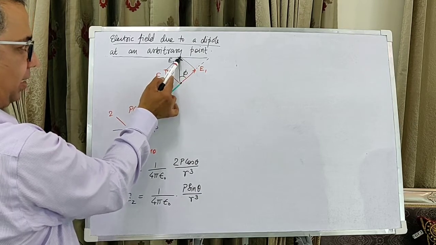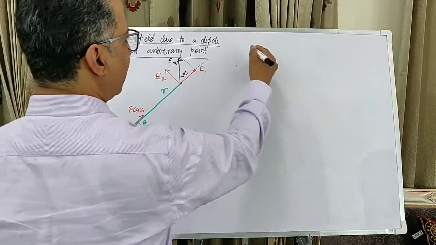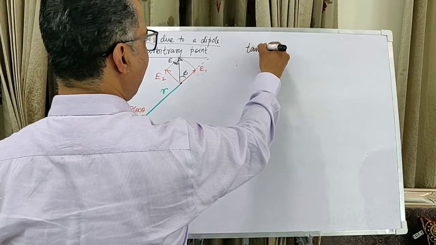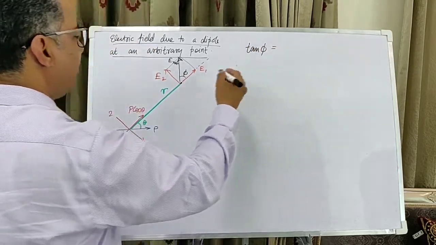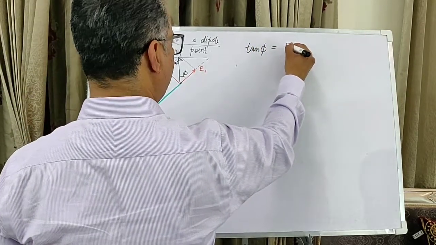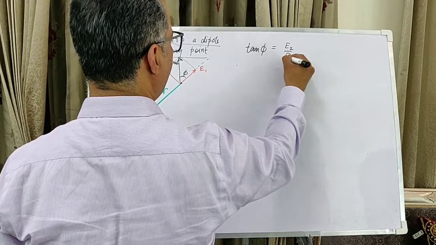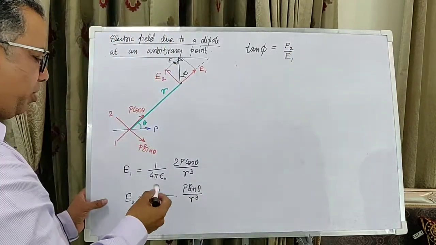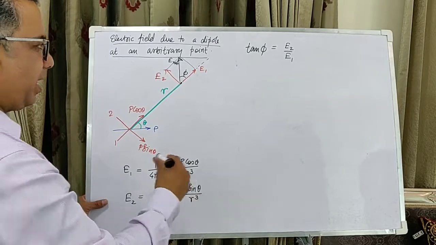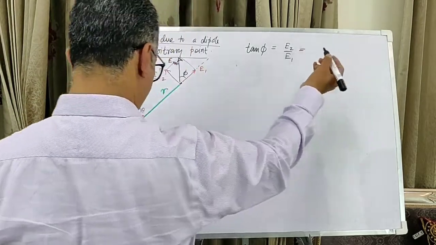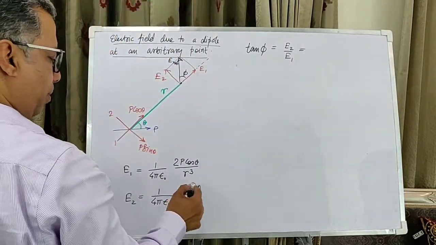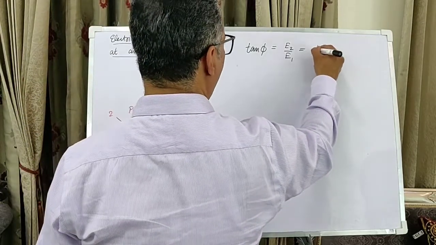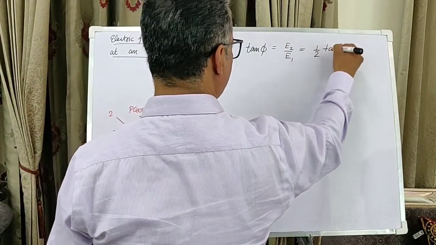So this is E2, this is E1. We can easily calculate tan phi. This tan phi will have a magnitude equal to E2 by E1. Now look over here. If you divide E2 by E1, we get half of tan theta.